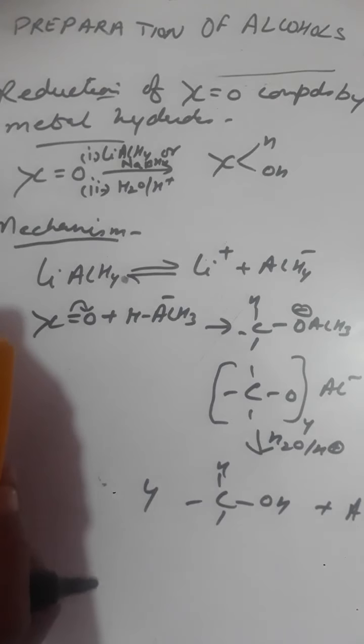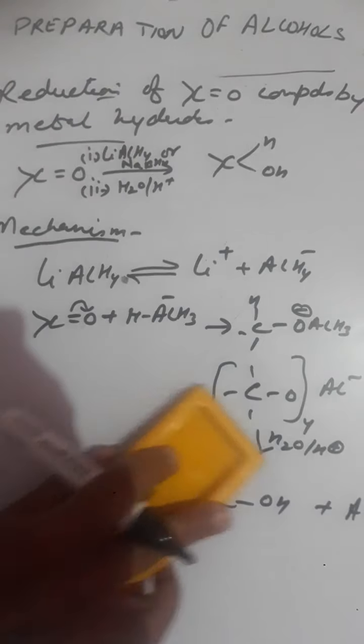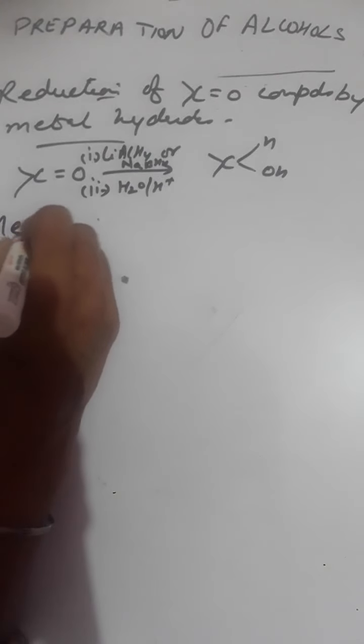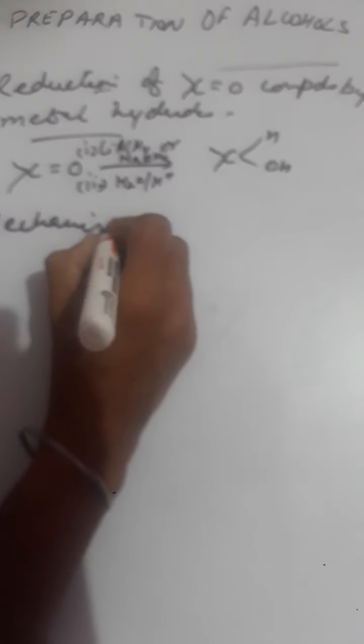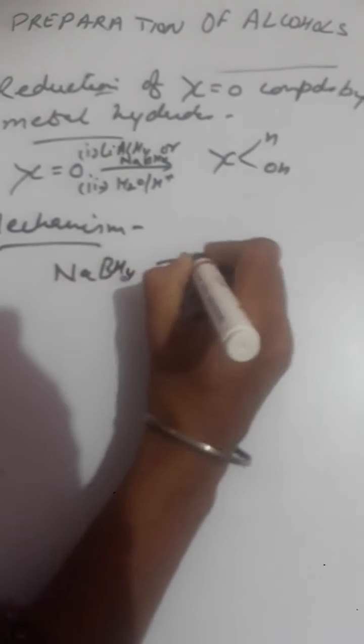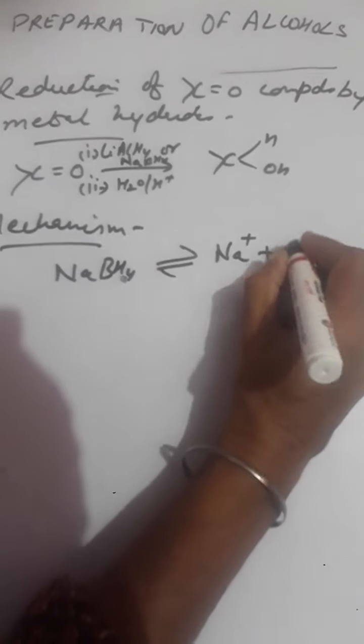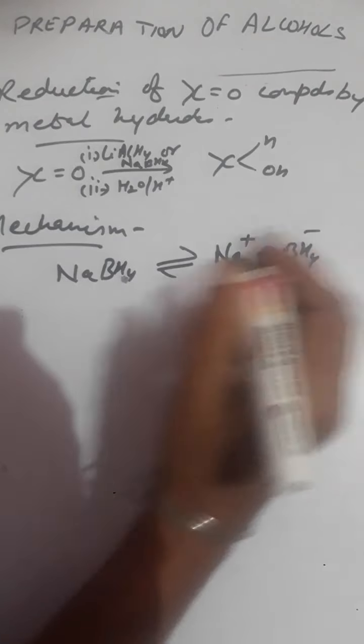Now let's take the mechanism with sodium borohydride. How will this reaction take place there? Let's take that example. This is your NaBH4. This exists like this, Na plus, BH4 negative.